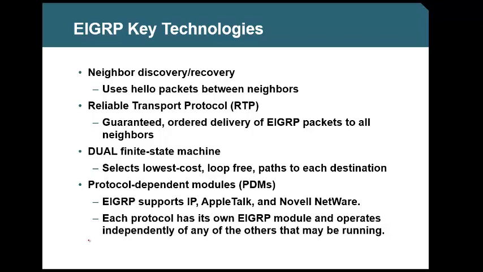Not only the same autonomous system, the neighbor should also be in the same subnet. Same autonomous system, same subnet. If yes, EIGRP can form a neighbor relationship. But the neighbor needs to be directly connected. So neighbors are discovered dynamically. How? By sending hello packets.